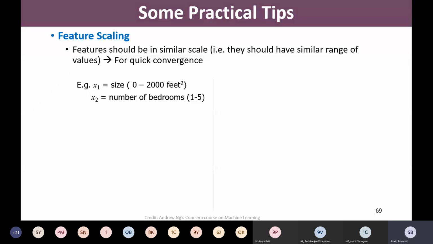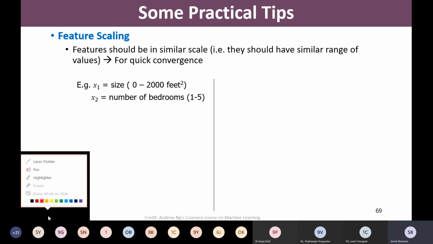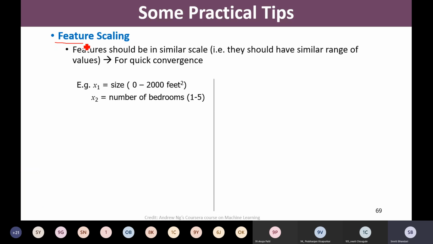To make sure that the gradient descent algorithm converges quickly, we need to put these features in a similar scale or similar range of values. This concept is known as feature scaling.